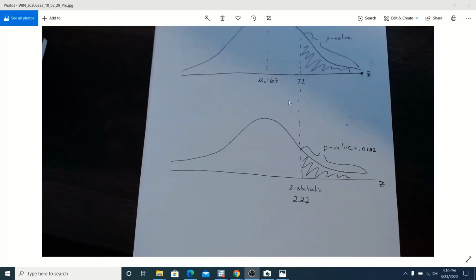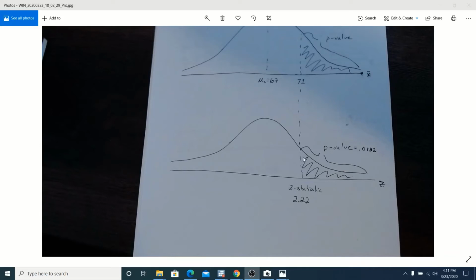In the earlier example, we had an assumed true mean retirement age of 67, but we found a mean of 71. It's a right-tailed test, so the p-value is the probability we saw 71, given that 67 is the true mean, or that we saw anything greater or further from that assumed value. We turn 71 into a test statistic and look it up in the standard normal distribution table.